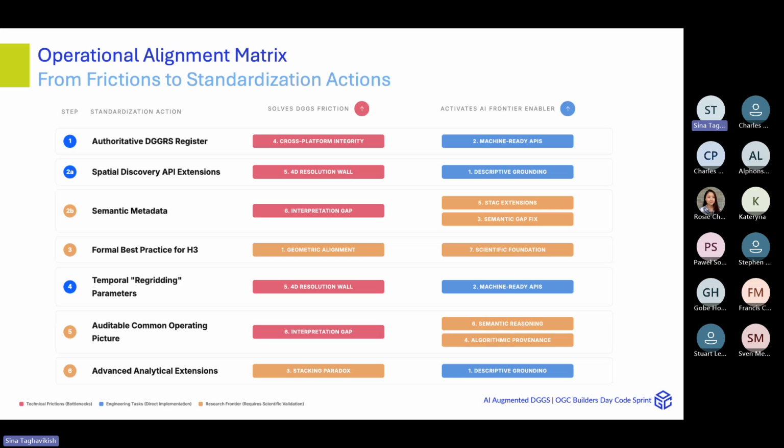And what is the semantic interpretation gap? Semantic metadata, that's the interpretation gap. What you have is that this supports different data sets. The DGGS can be roads, can be whatever, and these data sets need very solid metadata for the AI to understand them. So that gap exists. This is beyond this pilot.